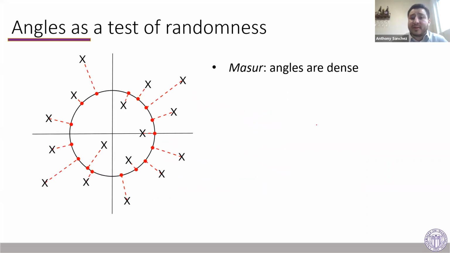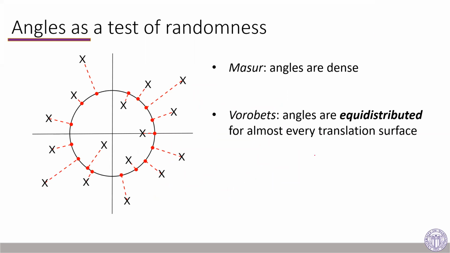And so by work of Masur, it turns out that the angles are actually dense on the unit circle. So there are no forbidden angles. And a nice follow-up question is, are there any favorite angles? By work of Vorobets, angles are equidistributed for almost every translation surface. Again, I won't precisely define this.